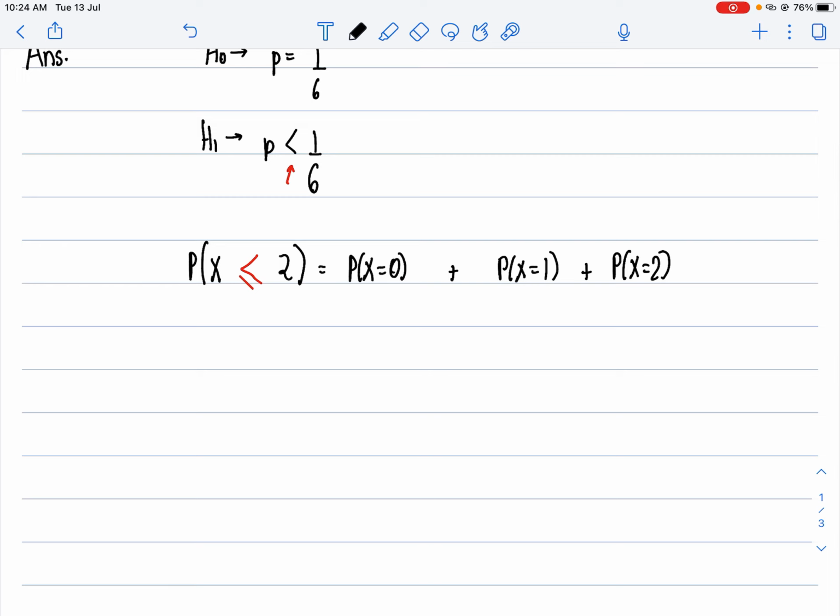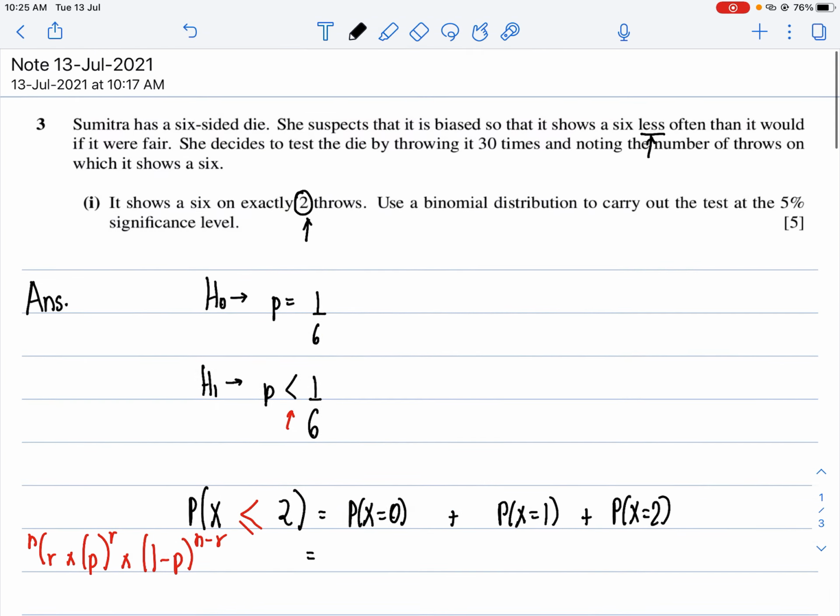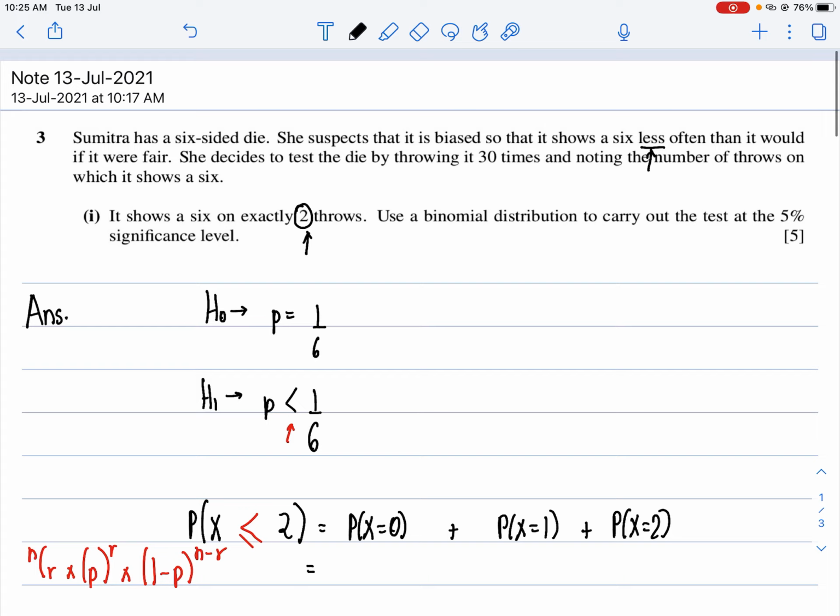Now the formula which I use is simply nCr multiplied by p raised to r, multiplied by q raised to n minus r, where q is 1 minus p. Using this formula, I know I threw this 30 times.